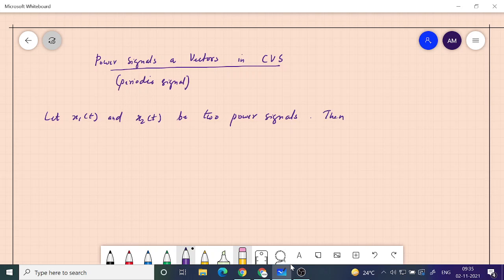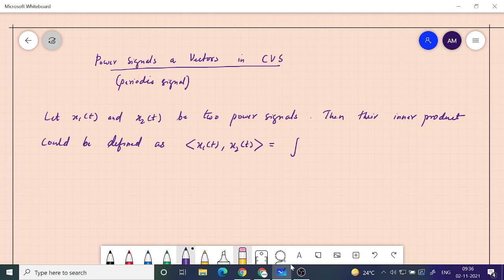Then their inner product could be defined as follows. How are we going to modify it? Instead of the expression for energy, we will use the expression for power.